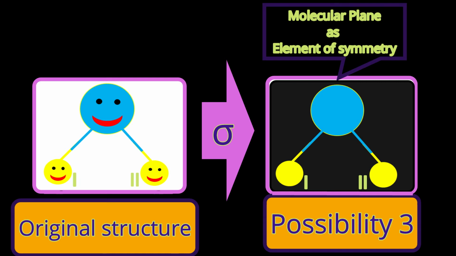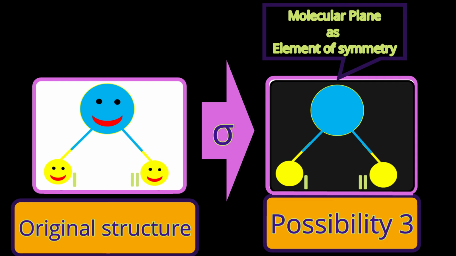It is the molecular plane, and with the help of that molecular plane, we get the third possible structure, and that action is reflection.